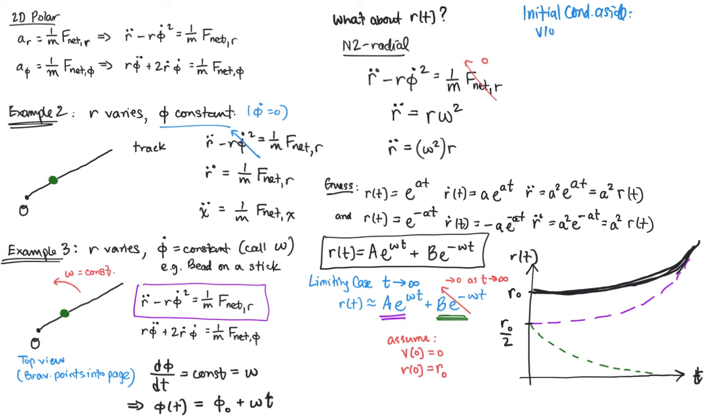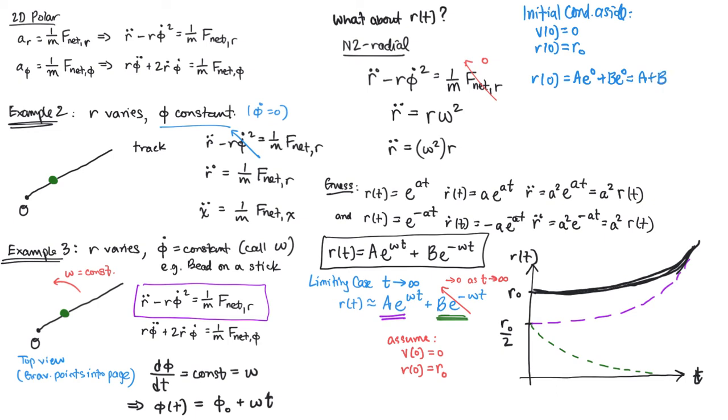If v starts at 0 and r starts at r naught, then we know that r of t at t equals 0 is going to be a e to the 0 plus b e to the 0, which is a plus b.